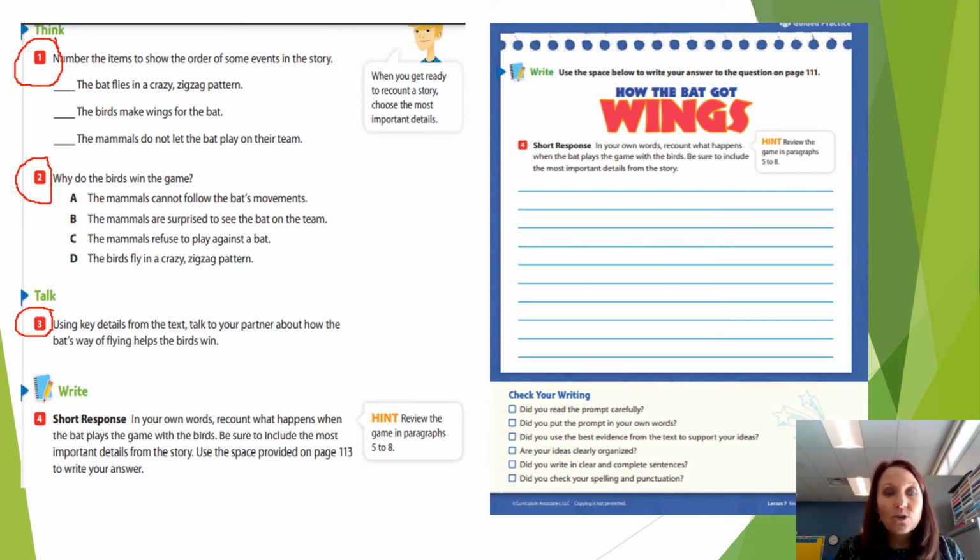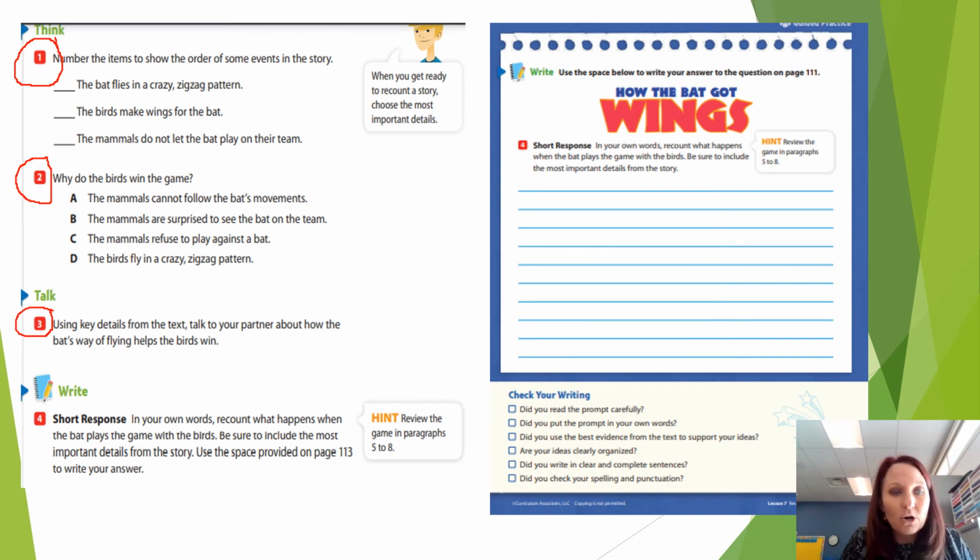So it says, using the key details from the text, talk to your partner about how the bat's way of flying helps the birds win. Okay, so you need to think about that. How it is the way that the bat was flying helped the birds win the game.